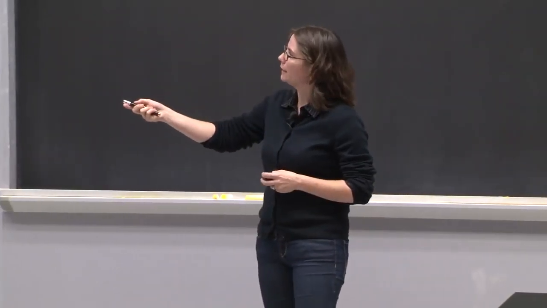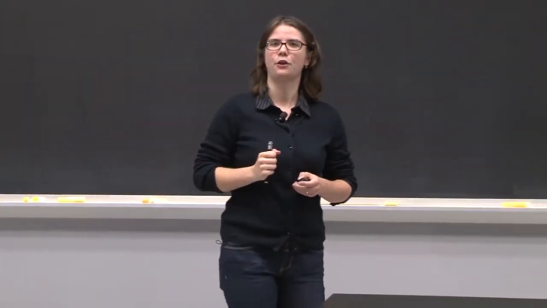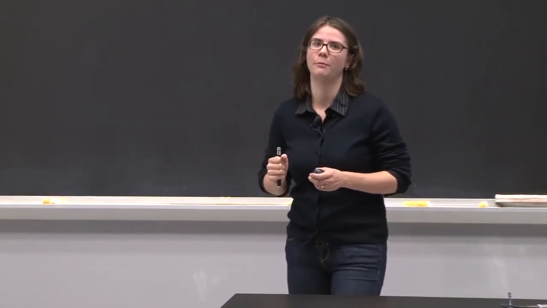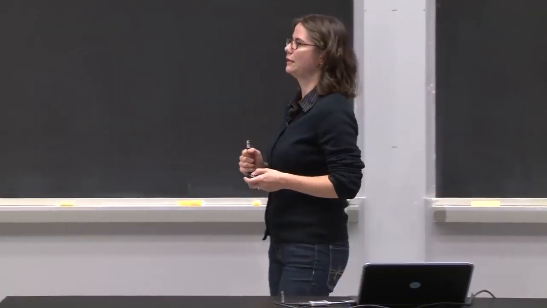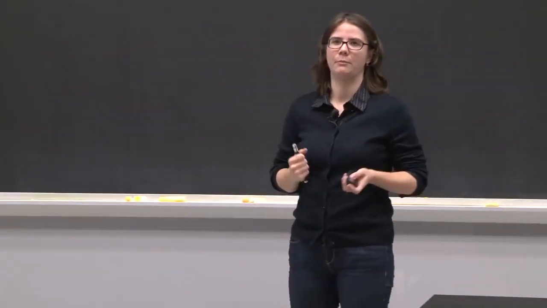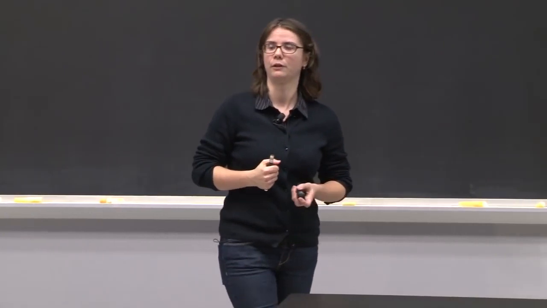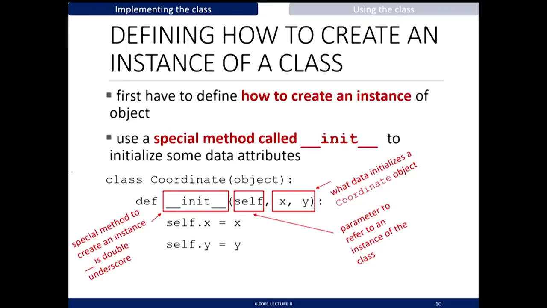So for methods that belong to the class, the first parameter is always going to be self. It could be named anything you want, but really by convention, it's always named self. So try to stick to that. And then any other parameters beyond it are going to be just parameters as you would put in a normal function. Okay? In this particular case, we're going to choose to initialize a coordinate object by two values, one for the x and one for the y.